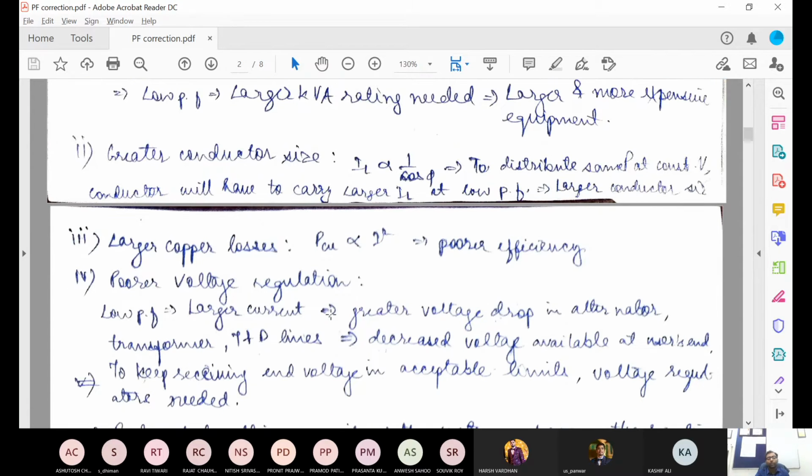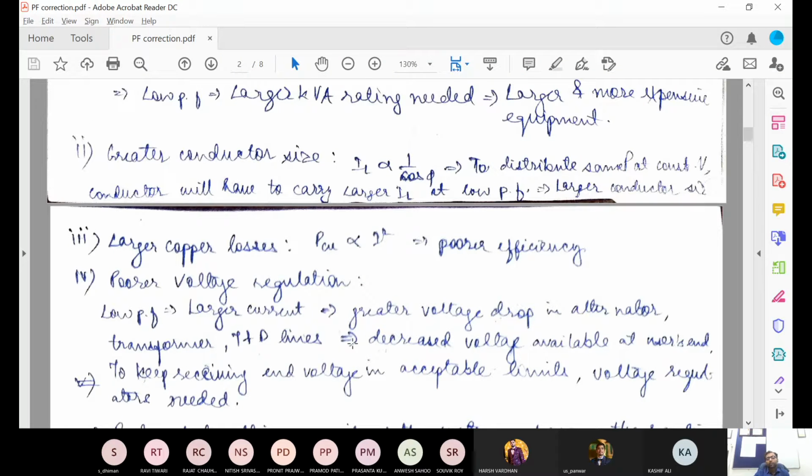Another thing is the poorer voltage regulation. As we discussed earlier, voltage regulation means whatever is your no load voltage, when you have full load loading, there is a drop in the voltage level. Again from the same relationship, IL is proportional to 1 by cos phi. So if you have a low power factor, there is a larger current flowing in the circuit, and a larger current will cause a greater voltage drop across the circuit, from alternator to transformer to the transmission and distribution lines.